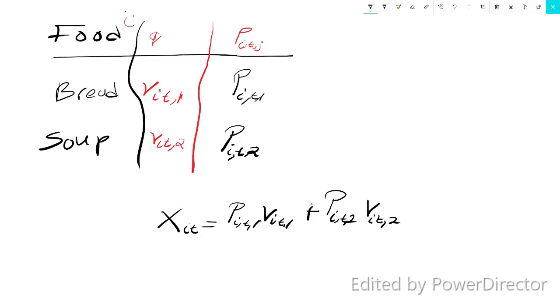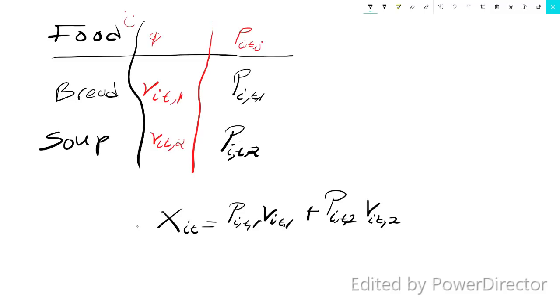So this would represent what is known as the money or nominal or actual expenditure of commodity I, which in our case is food. Okay, so this is big XIT.